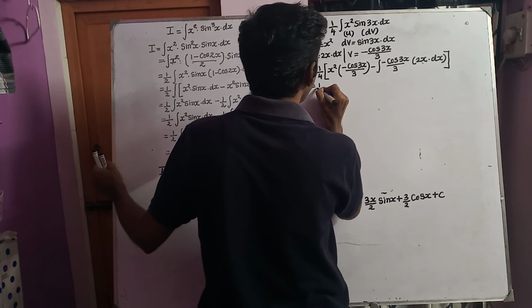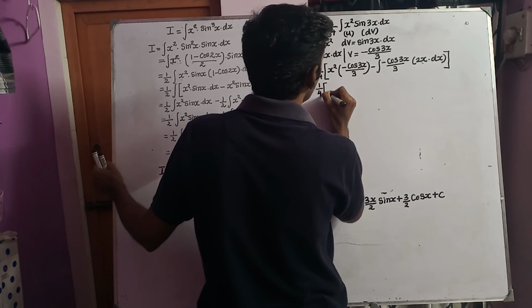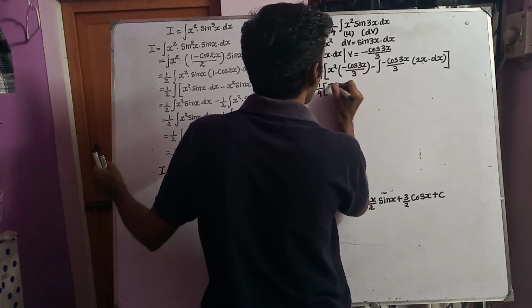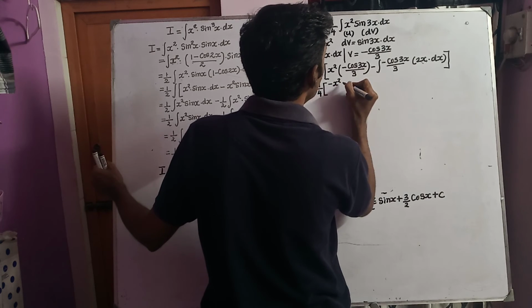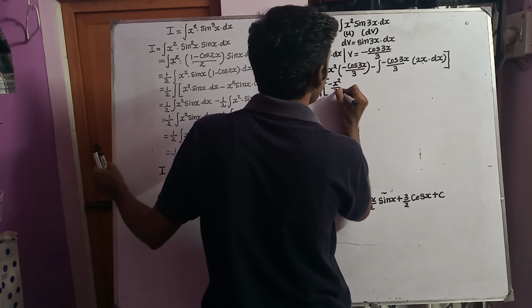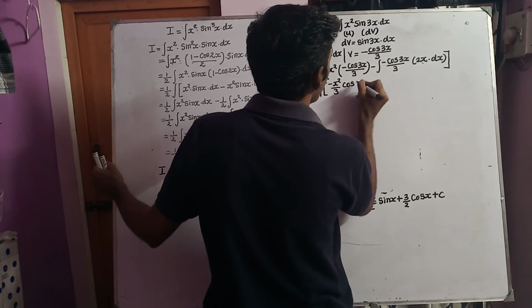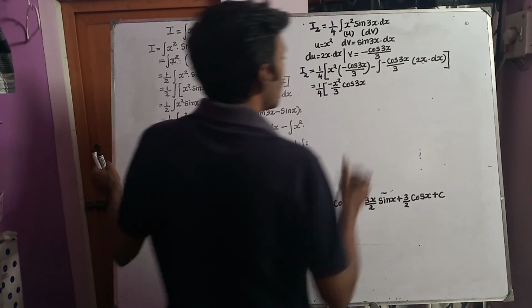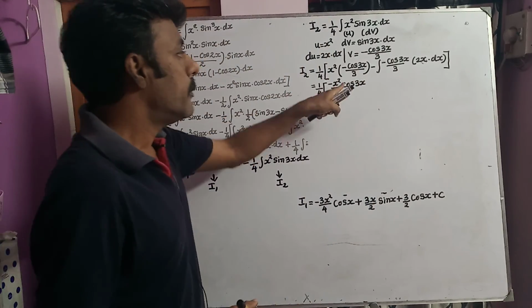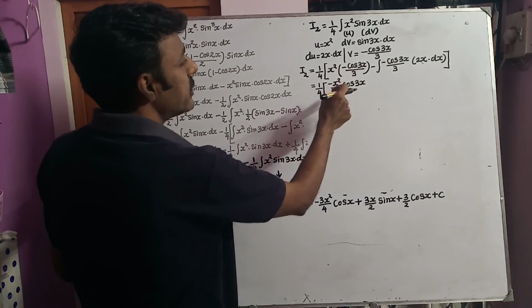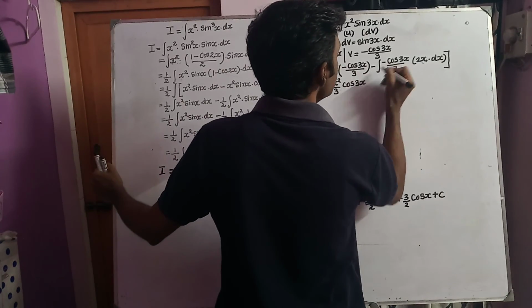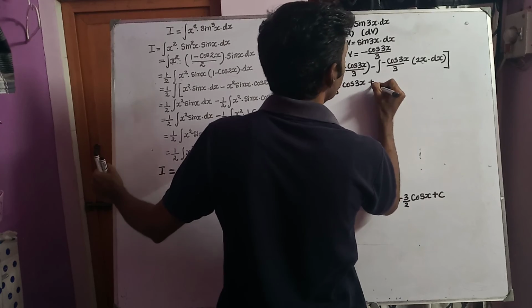So 1 divided by 4 into minus x squared by 3 into cos 3x, minus into minus will become plus.